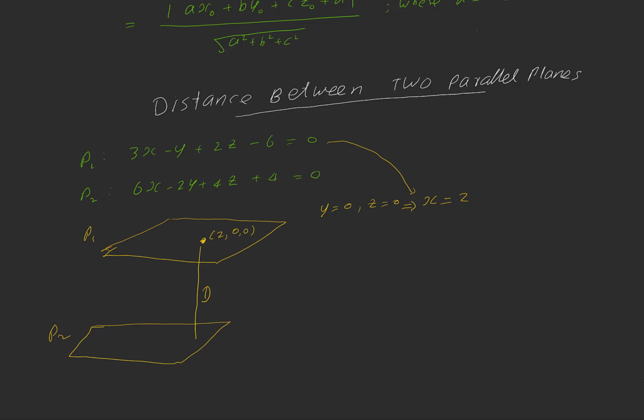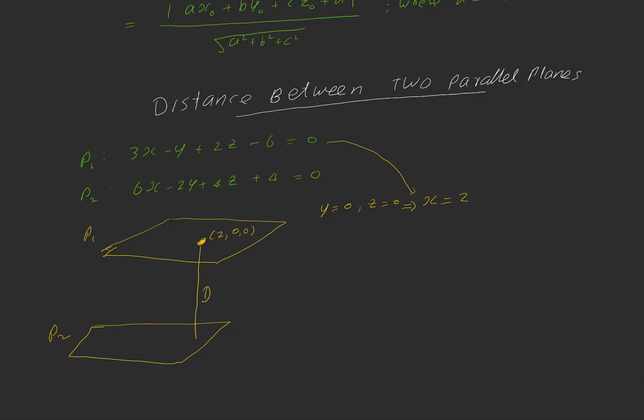What I did: you can plug in any two values for any two variables and find the other variable according to those values, then get the coordinates as a point of this plane. Now we know a point here and we need to find N according to the above theorem I explained.